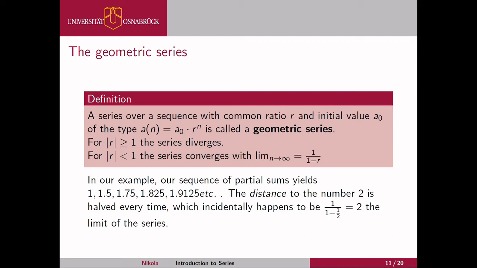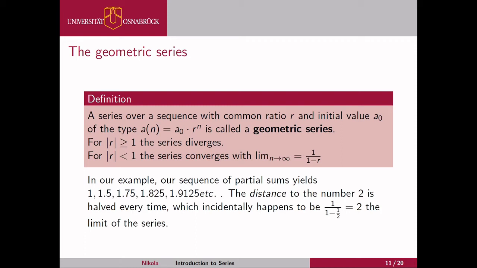So this property continues. So the distance to number 2 is halved by every turn. And incidentally, 2 happens to be the limit of the series, since 1 over 1 minus a half is 1 over a half, so 2.